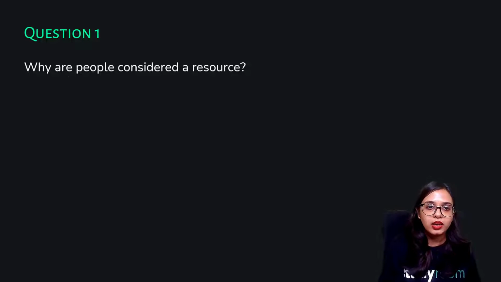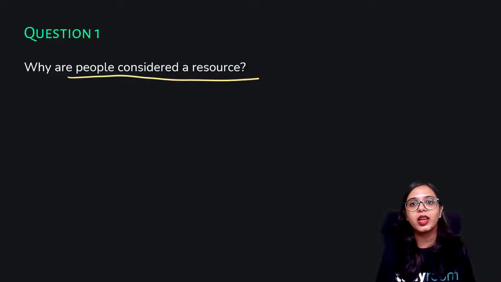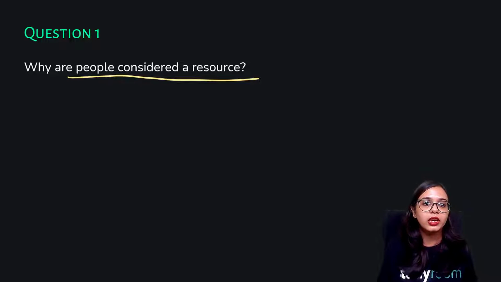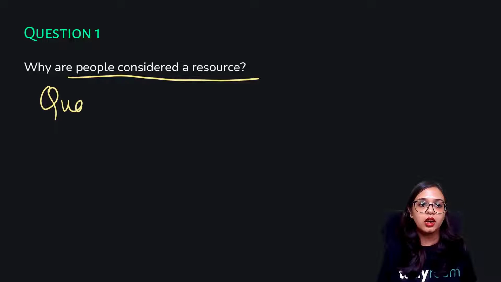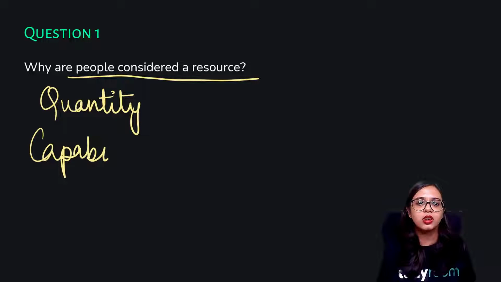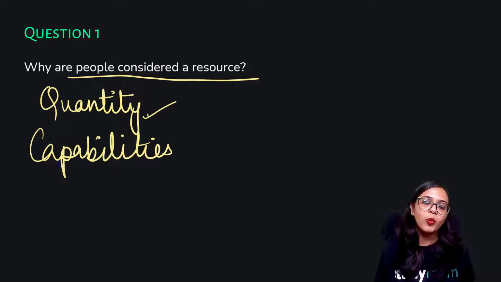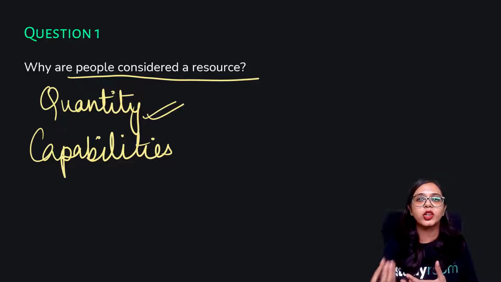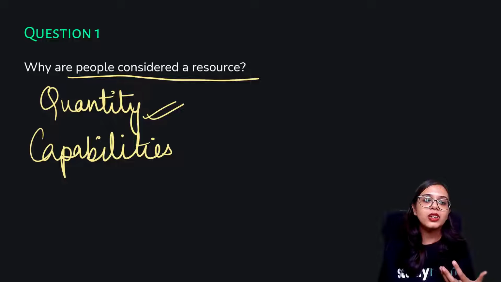When we are talking about humans as resources, we have to take two things into account: quantity as well as capability of that particular individual, of that particular population. So, how many people are responsible for a particular growth, for a particular production, for a means of livelihood, and what are the capabilities?